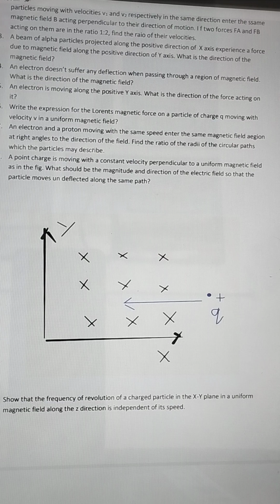The minus signs cancel, so that will become i cross k, and i cross k is equal to minus j. So the force due to magnetic field will be acting along negative y direction. To cancel out this force, there should be an electric field acting in the opposite direction. So the direction of electric field should be along positive y direction.